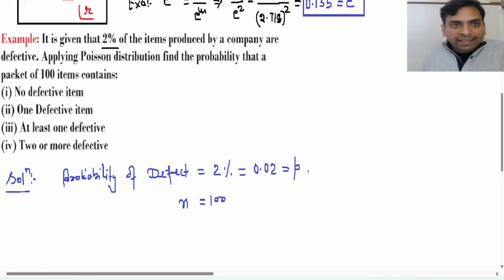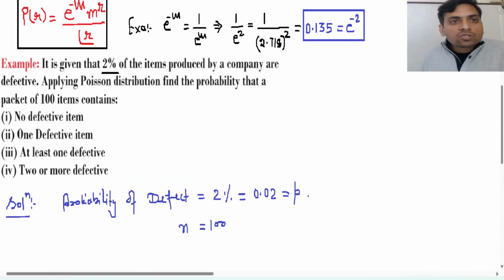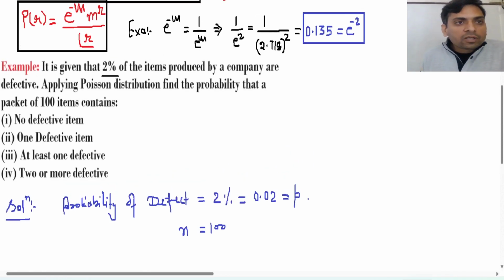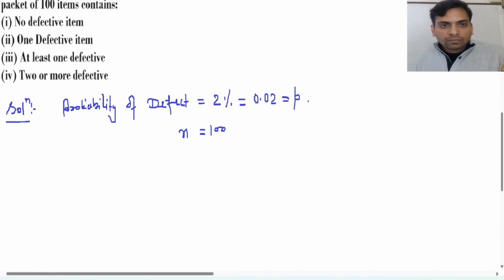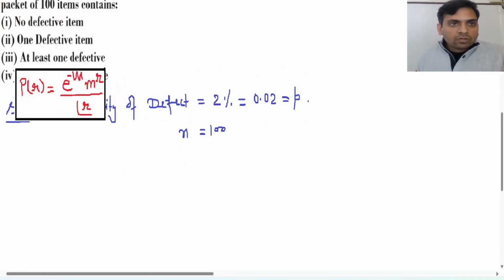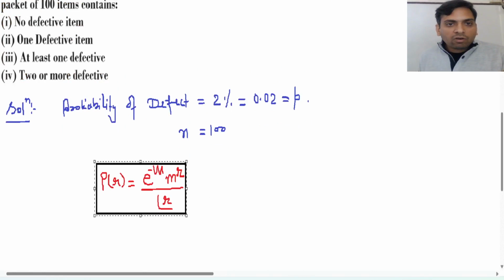Now we will see these 4 questions. But before that, as we know, this is the case of Poisson distribution, so we will focus only on the Poisson distribution probability formula. This is the probability of Poisson distribution.